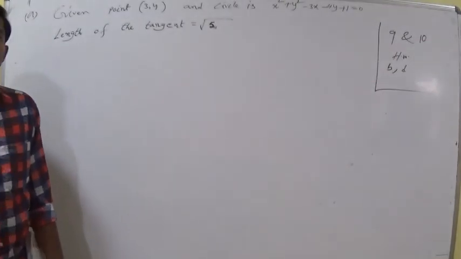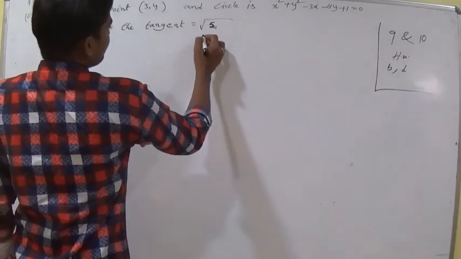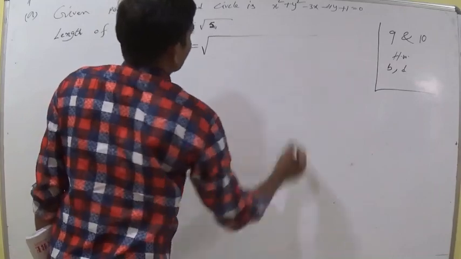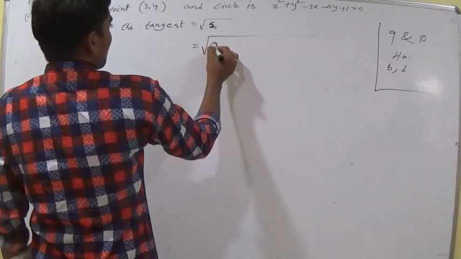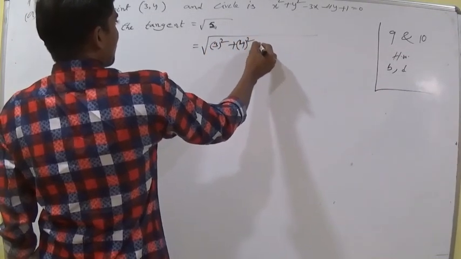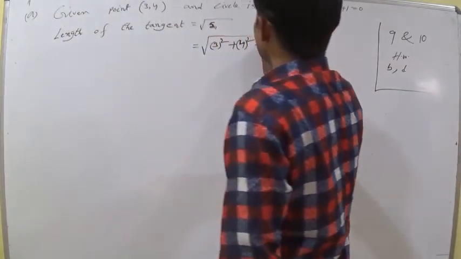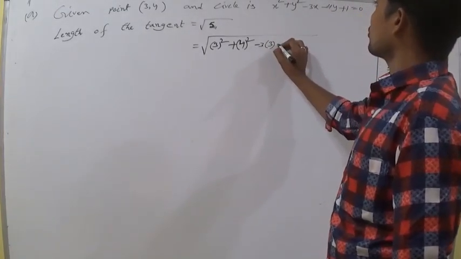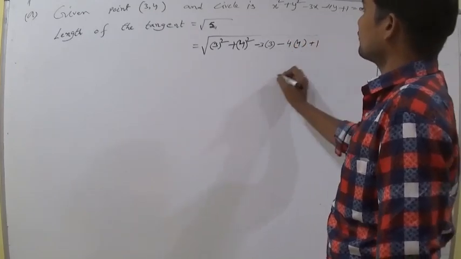So the length of the tangent is the square root of x1 square, 3 whole square, y1 square, 4 whole square, minus 2gx1, minus 2g is minus 3, x1 is 3, and then 2f minus 4, y1 4, and then c.